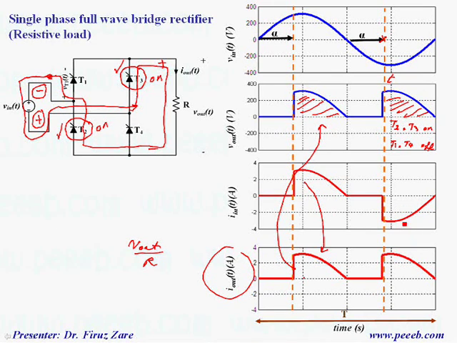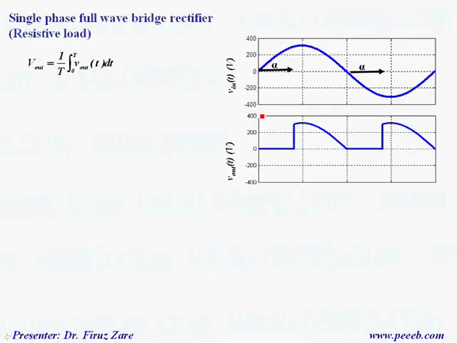So we have almost the same current waveform in different polarity, in different direction. So you can see that the input current is not a sine wave. That means this current has harmonics. So in high power converters, we have to control the harmonics, and we have to reduce them with either passive or active filters.